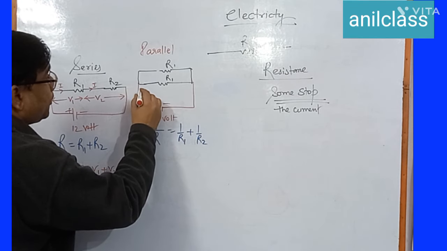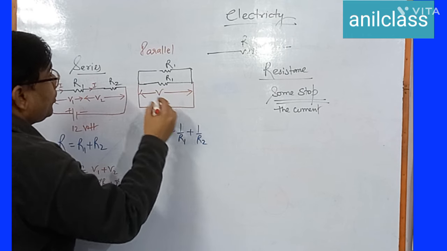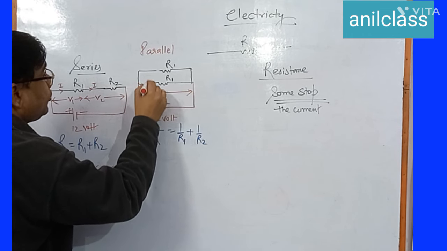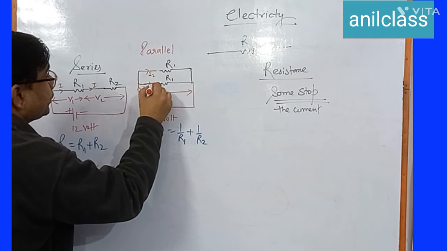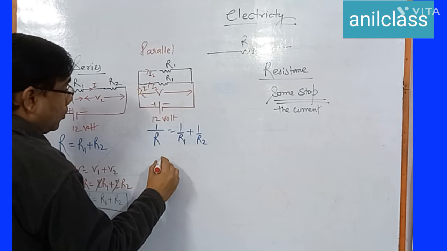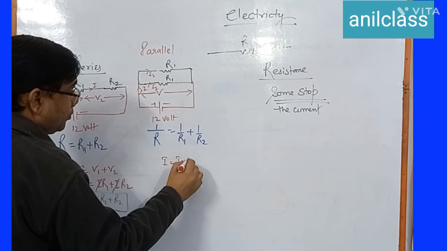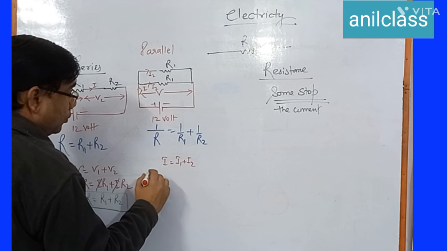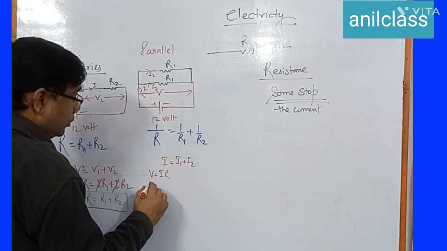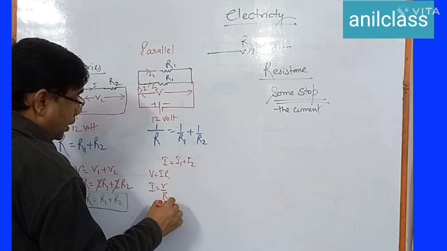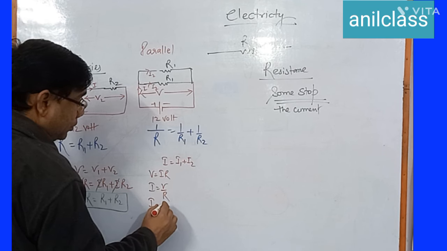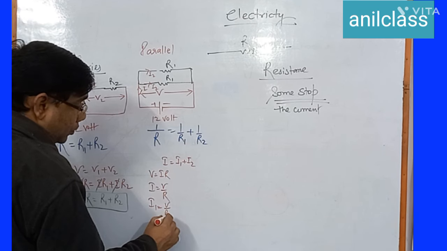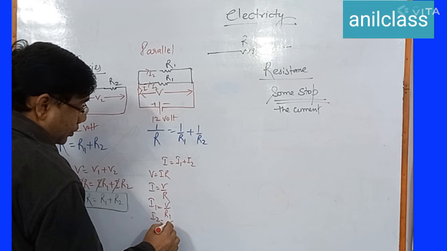Now here V is common, where I is divided into two parts. Now I is equal to I1 plus I2. I is equal to V upon R, I1 is equal to V upon R1 and I2 is equal to V upon R2.